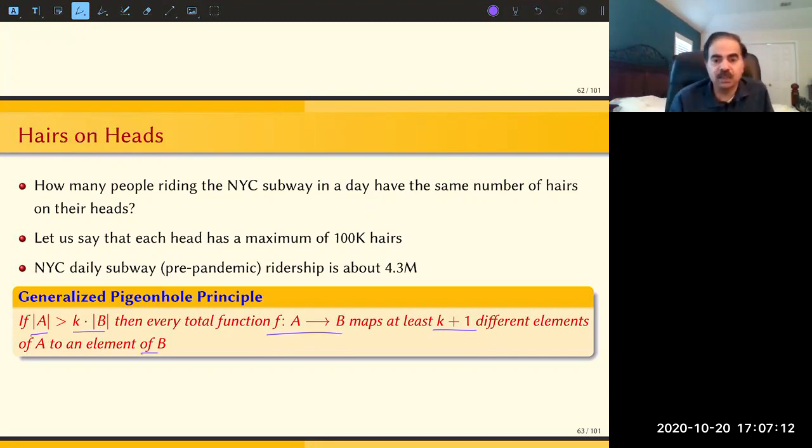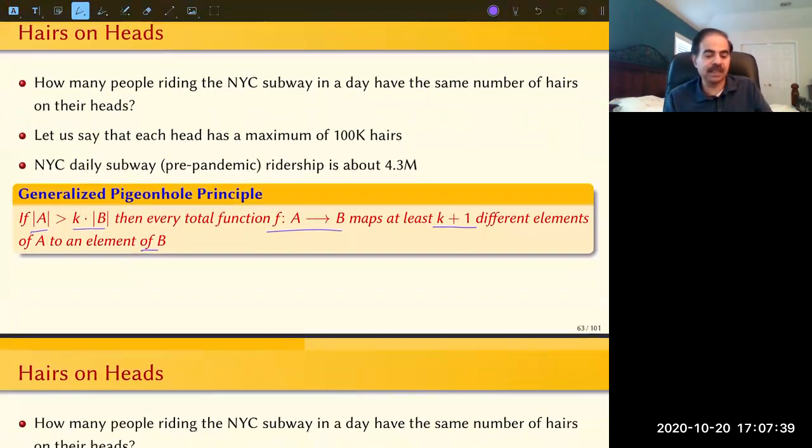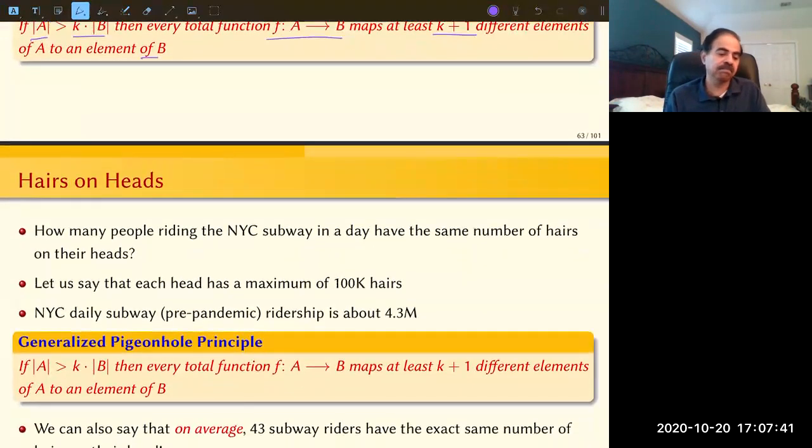And this is the version that we just used to say that at least 43 people should have the exact same number of hairs, which of course, if you think about it, seems so surprising. Without going through this process, if someone just asks you what is the likelihood, you would probably say, well, it's very unlikely, right? The people having the exact same number of hairs.